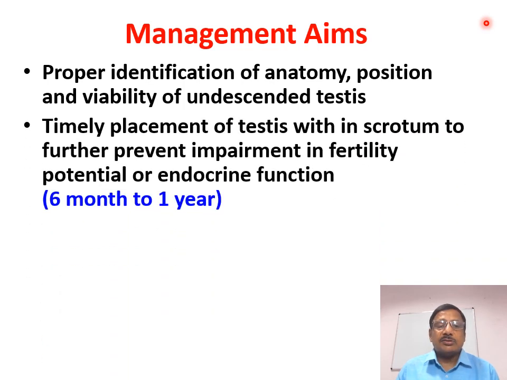Then once the testis is there, it should be timely placed into the scrotum so that there should be no further damage, and the fertility should be maintained. And what should be the ideal time? Ideal time, as we have discussed previously also, has to be between 6 months to 1 year. That is the ideal time.